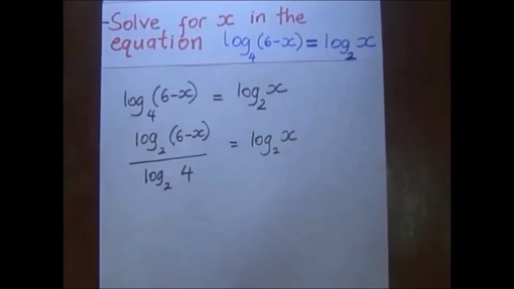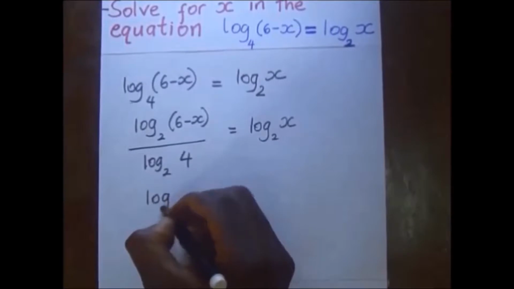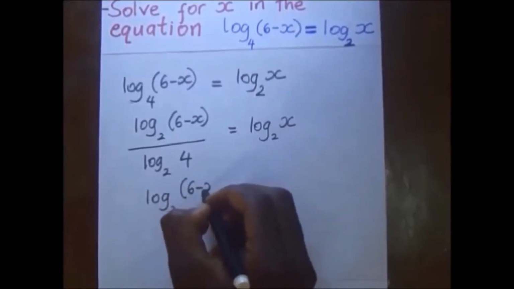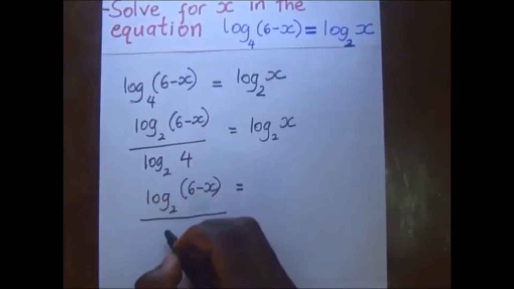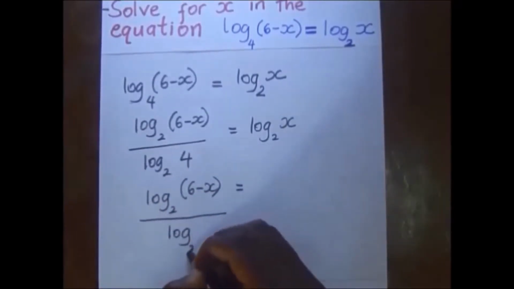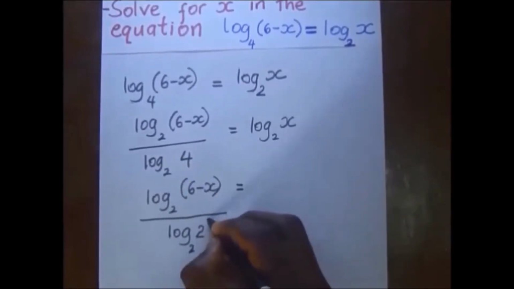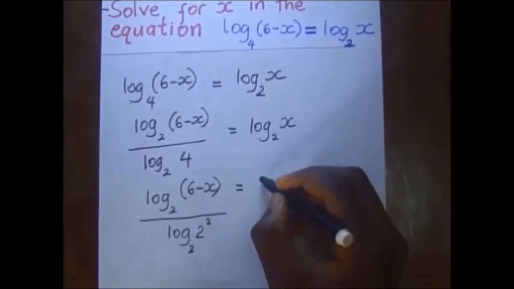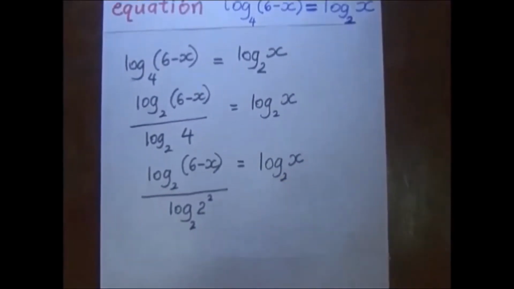So we continue and say this is going to become log base 2 of 6 minus x, divided by log base 2 of 4. Now this 4 is the same as saying 2 squared. 2 squared is equal to 4. Is going to be equal to log base 2 of x.